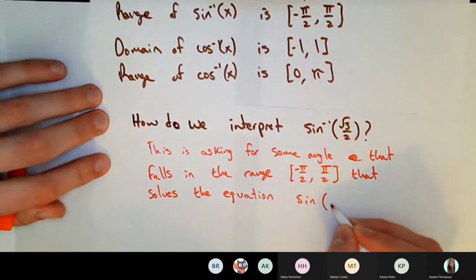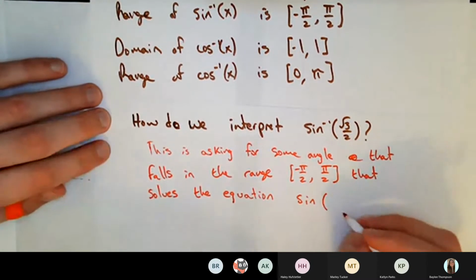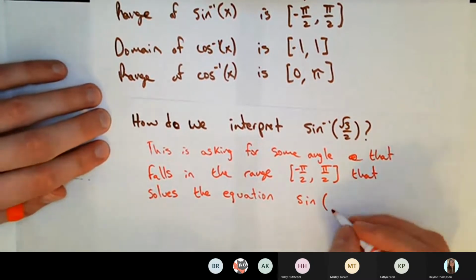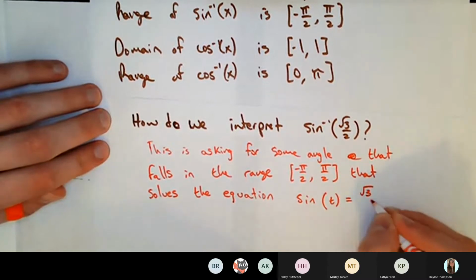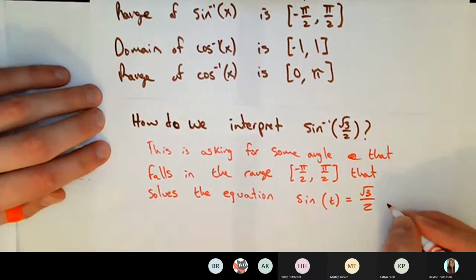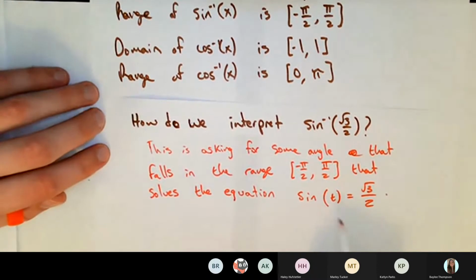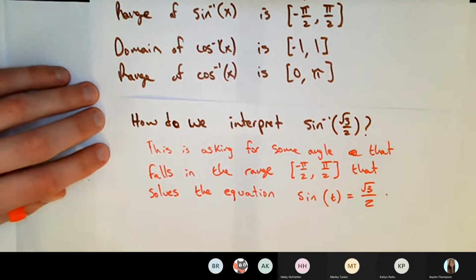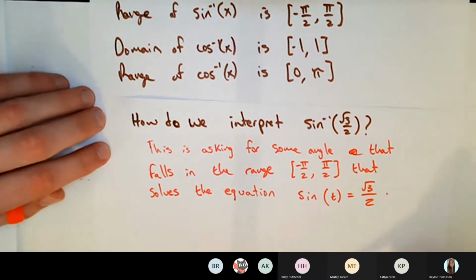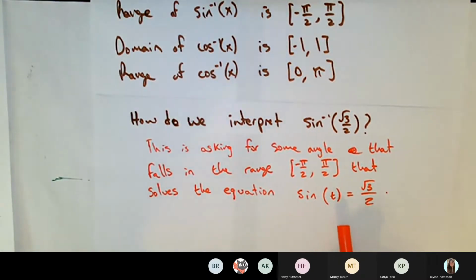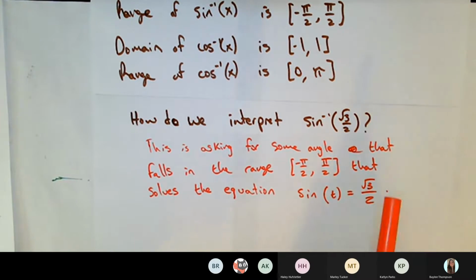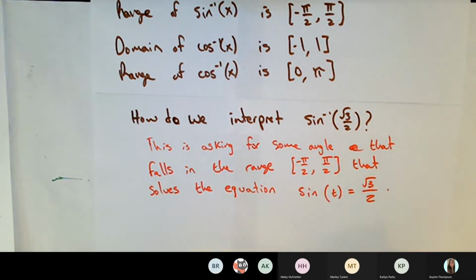Sine of some angle, I'm just going to say t here, equals square root of 3 over 2. There's some angle so that when you plug it into the sine function, it gives you a y value out that is square root of 3 over 2. And there are many angles that do this, actually. There are infinitely many, right? But there's only going to be one in this range, ideally.